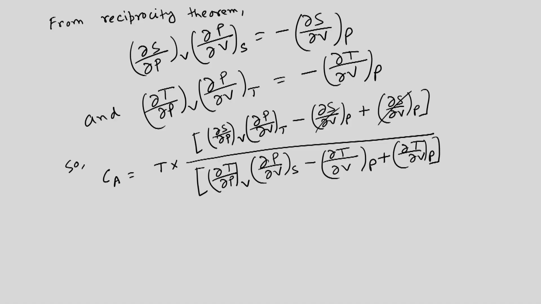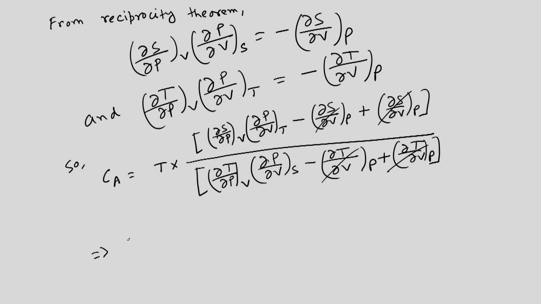So, these get cancelled, and in the denominator we get del T by del P at constant volume times del P by del V at constant S minus del T by del V at constant pressure plus del T by del V at constant pressure. So, they get cancelled here.